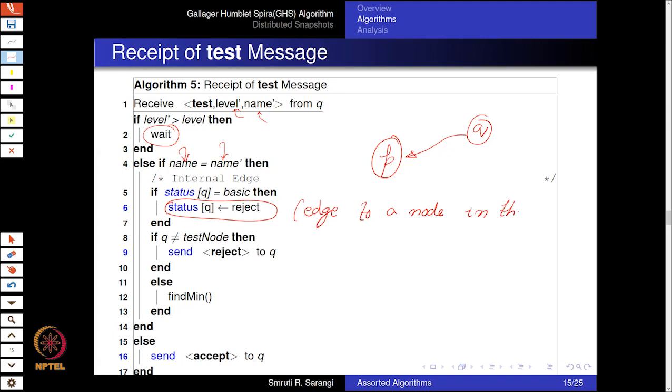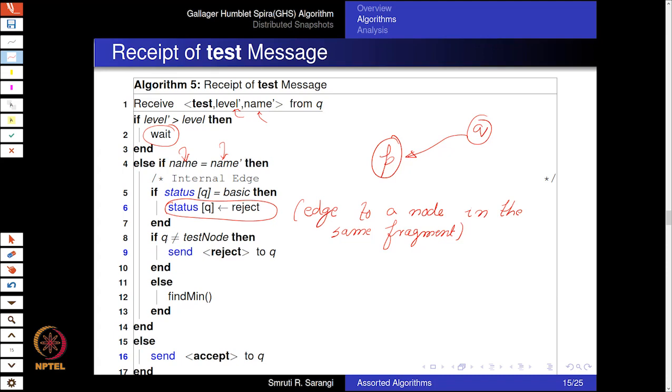That's not allowed. That will create a cycle in the tree. So we know for sure that, look, this cannot be a valid tree edge. So this has to be a reject. We need to reject this edge because it's to an internal node. So I just reject it. No problem.